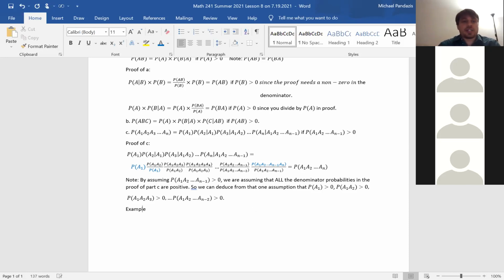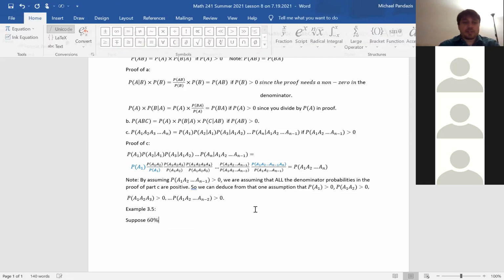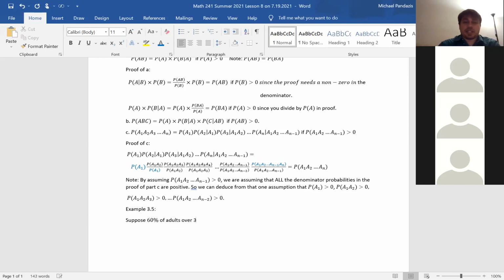Okay, let's do an example. So example 3.5. Suppose 60% of adults over 30 are college graduates. Okay, further, suppose 80% of college graduates over 30 have incomes over $15,000.